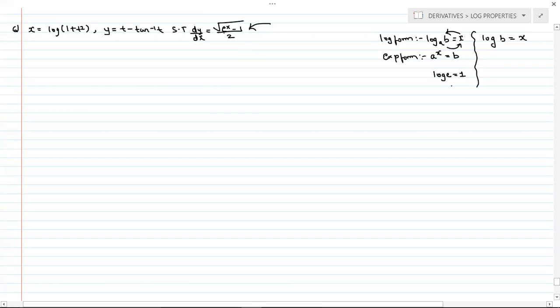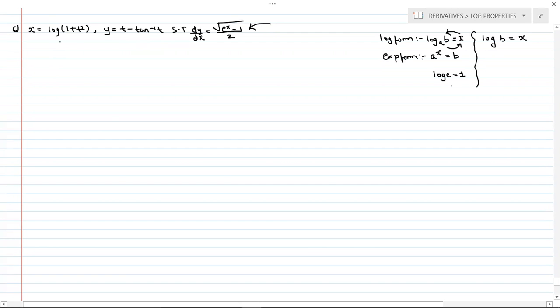Here we require e raised to x minus 1 and 2, and even a square root, but the given question is in the form of log and tan inverse t. So here we have to eliminate log and tan inverse. For this sum, log and tan inverse are the unknown terms. So let's see the presentation now.